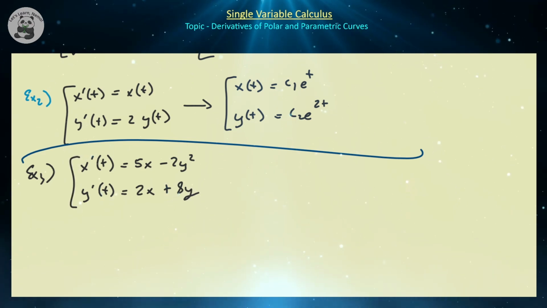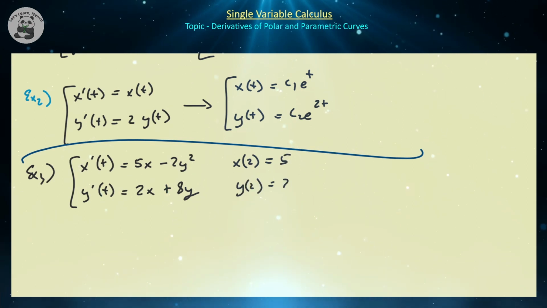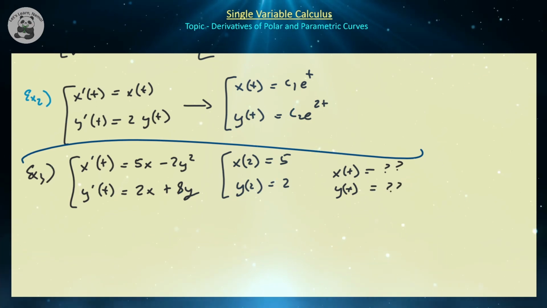And let's assume that we know where our particle is at time t equals 2. So when t is equal to 2, x is equal to 5, and y is equal to 2. With this bit of information, what are x(t) and y(t) equal to?